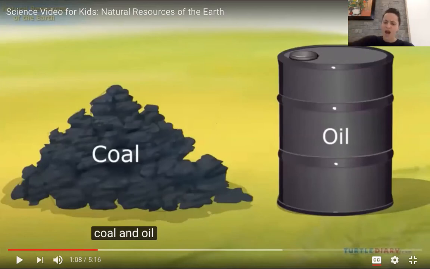We have to mine and hurt the earth to find it. Sometimes oil spills into the ocean and hurts the fish and the other animals in the ocean. And coal and oil, there's only so much. If we use too much coal and oil for electricity and for energy, we will run out.